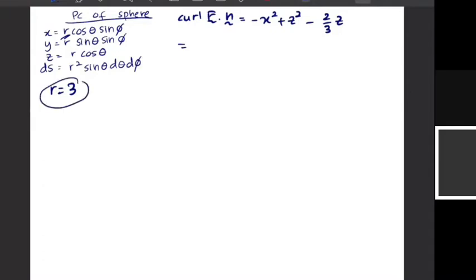And then substitute x with r cos theta sin phi, z with r cos theta. Okay, substitute all. And then here you can substitute the value for r. r equals 3, when you look at the figure. The radius equals 3.